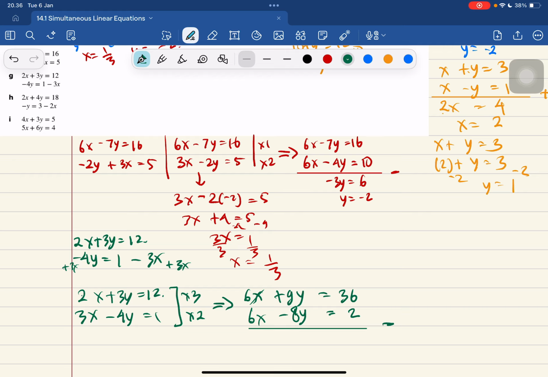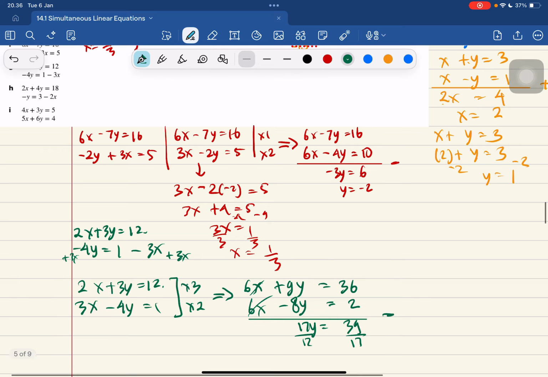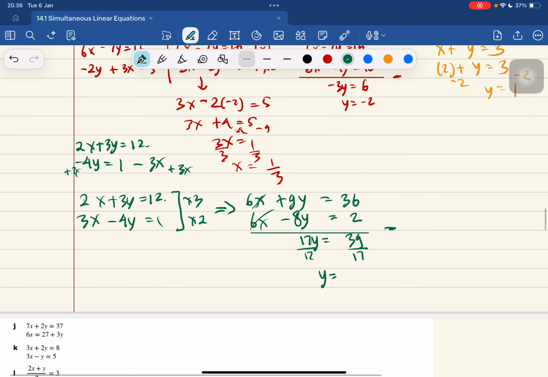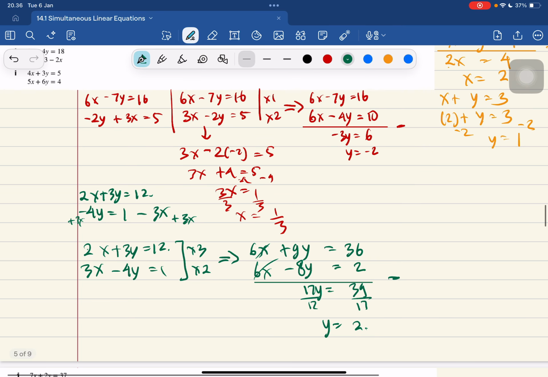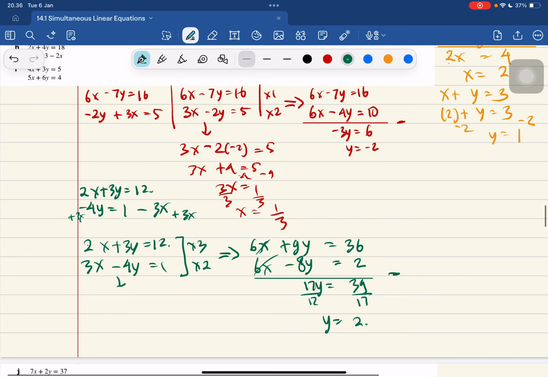So 6x minus 6x is 0. Here is gonna be 17y equal to 34. Okay, we divide by 17 both of sides. So we got y equal to 34 divided by 17 is 2. Okay, we can just substitute into this equation.